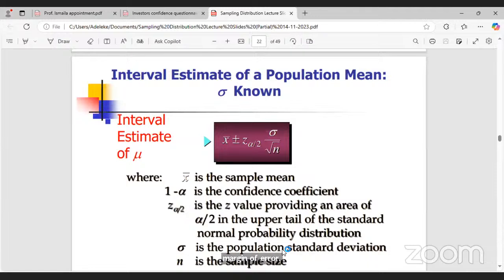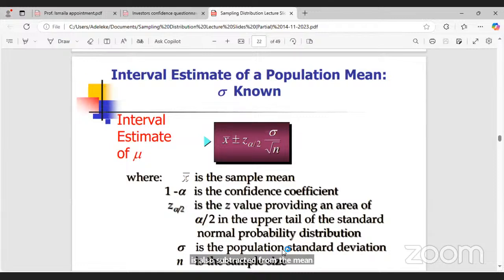So that margin of error, or you call it error margin, is added to the mean to give you the upper limit. It's also subtracted from the mean to give you the lower limit.